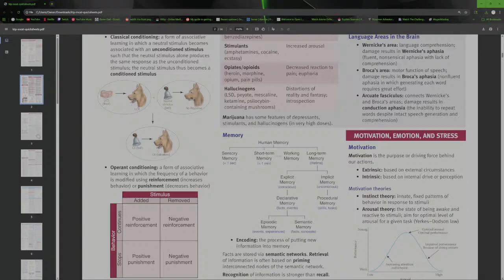Where I like to think about explicit is we're able to explicitly say something, while implicit is we're not aware of it. So explicit is under our conscious awareness. So if we're explicit, we have a declarative memory, where we talk about facts and events, which can be further divided between episodic memory and semantic memory.